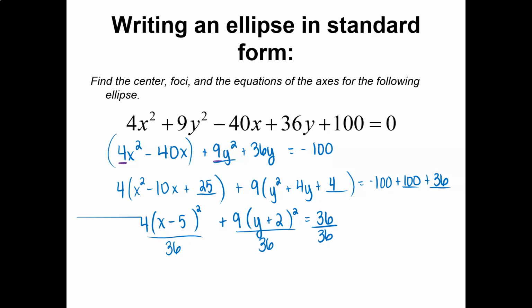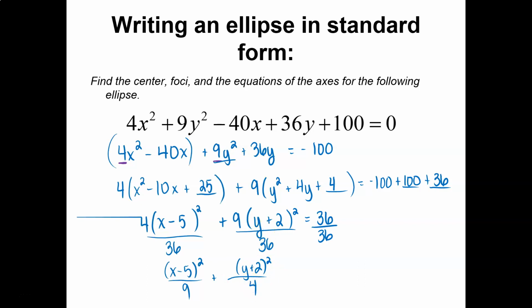And so this does not always happen, but it happens a lot. 4 over 36 is going to reduce to be 1 over 9. So I get x minus 5 squared over 9. And then 9 over 36 is going to reduce to be 1 over 4.